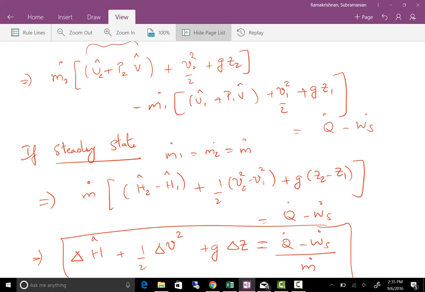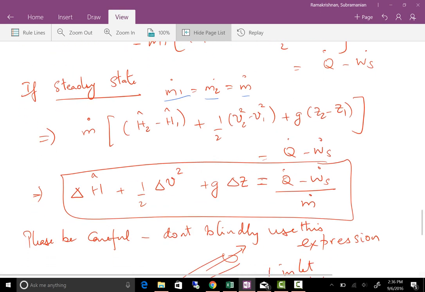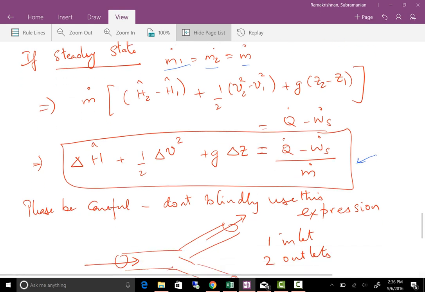And again, the other big assumption that you have here is if it is steady state, then m1 dot equal to m2 dot equal to m dot. So the mass flow rate is a constant right throughout the system, and this is your final expression, right? Delta H cap plus half delta V square plus g delta Z is Q dot minus WS dot over m dot.